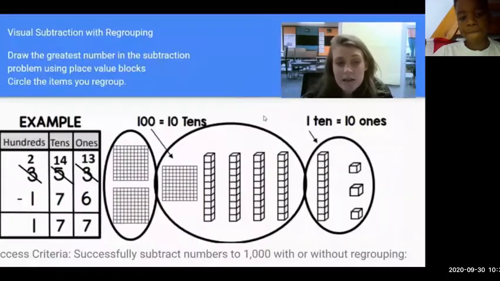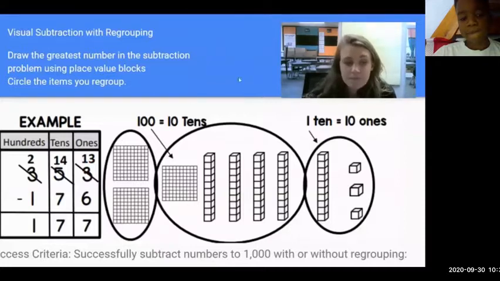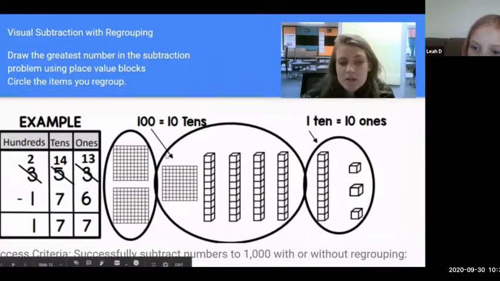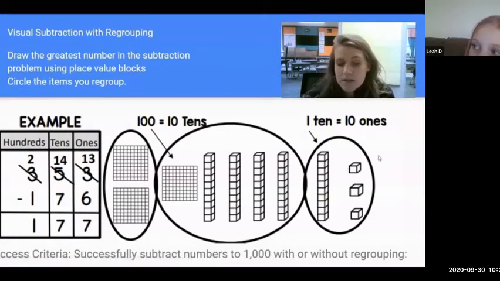Let's take a look at an example that's been completed for us. We've drawn the greatest number in the subtraction problem using place value blocks. 353 was our original number that we are subtracting 176 from. I've drawn 3 hundreds, 5 tens, and 3 ones. When I have 3 ones, I'm taking away 6.